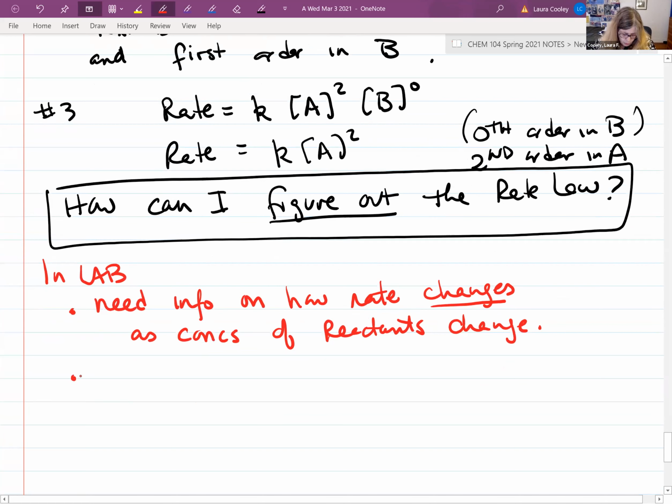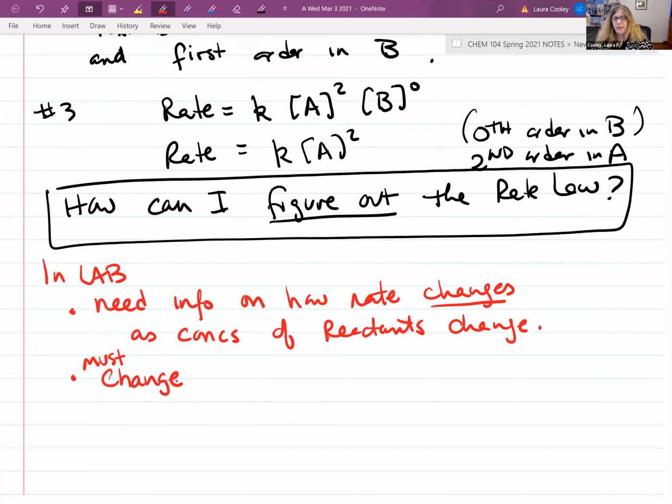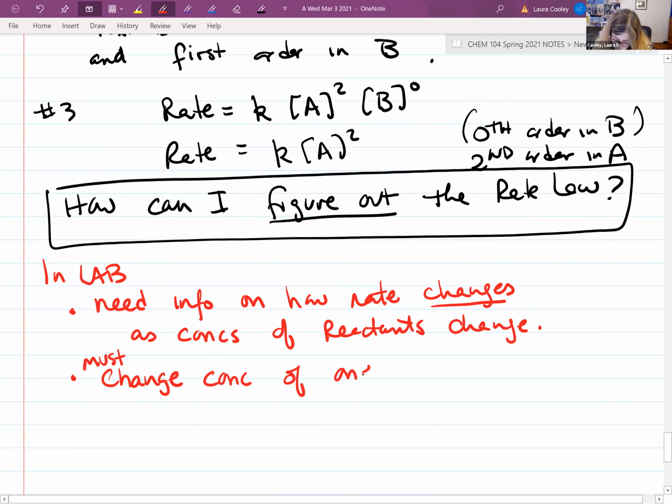And to do this, you would really need to change one reactant's concentration at a time. That's a controlled experiment. If you change both, you won't know whether changing one or the other was the one that affected the rate in the way that it did. So you must change the concentration of just one of the reactants at a time.